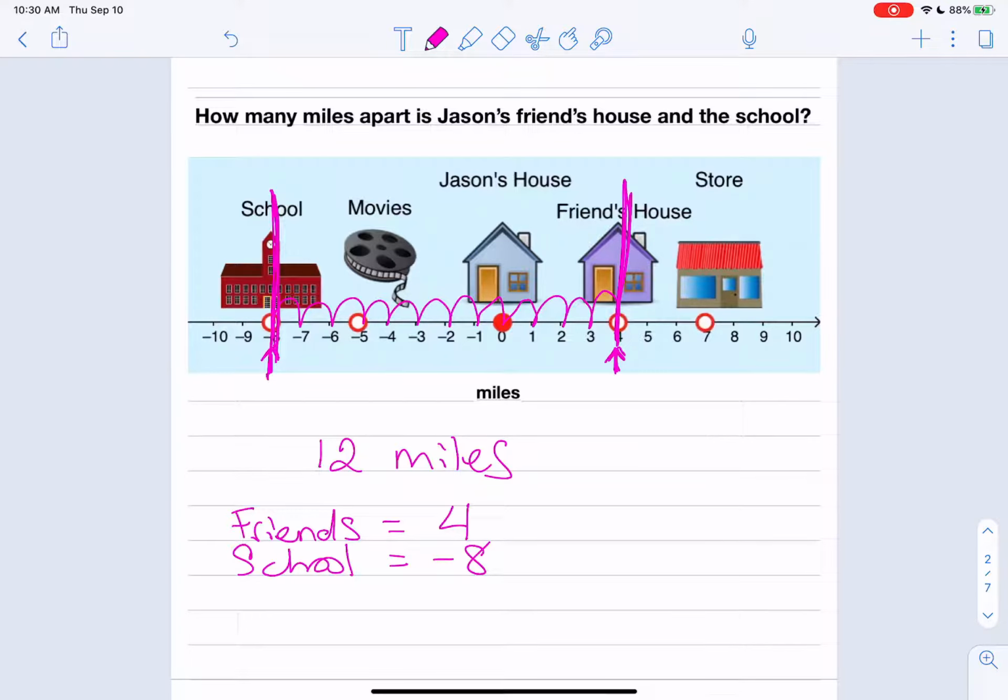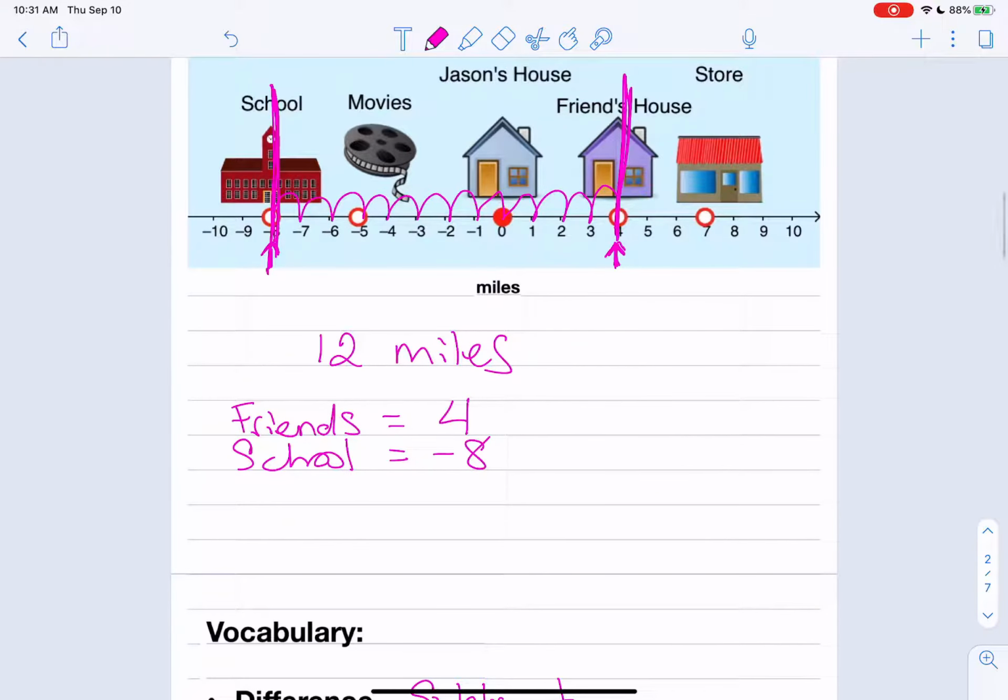So the first way I demonstrated was using the number line, finding out how many spaces are in between, because we're looking at distance. But now we just learned that finding the distance equals finding the difference, which means to subtract. So 4 minus a -8 should give us the same answer.